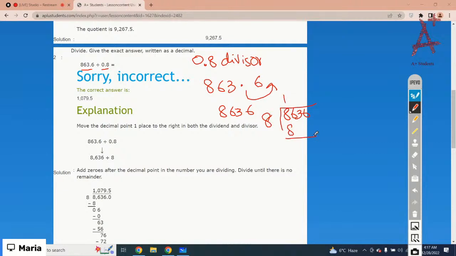8 times 1 is 8. You have to bring another digit down. You count the table until you get 63 or a number that is less than 63. 8 times 7 is 56.